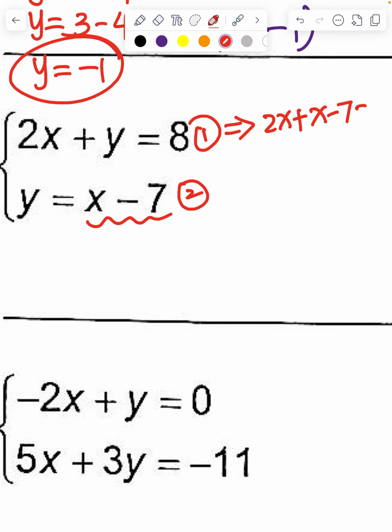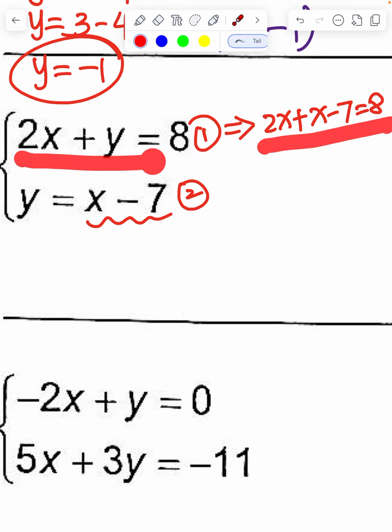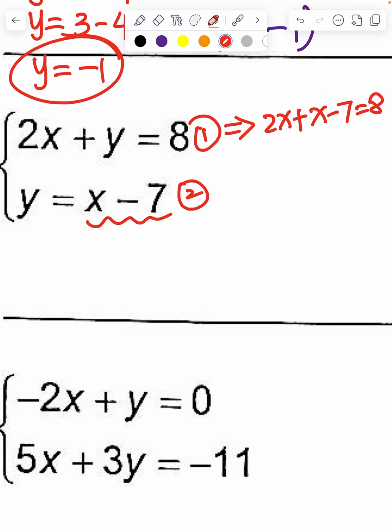So basically, I rewrite the first equation, I replace y by x minus 7. So now in this equation, we only have one variable, so we can solve. So 2x plus x, that's 3x. 3x equal to, get rid of the negative 7 by moving to the other side, it becomes plus 7, right?